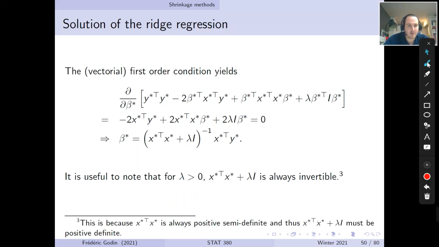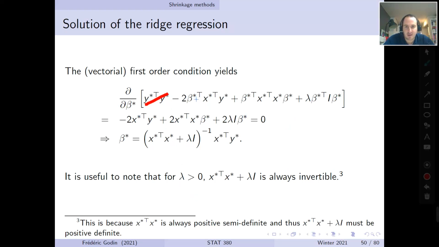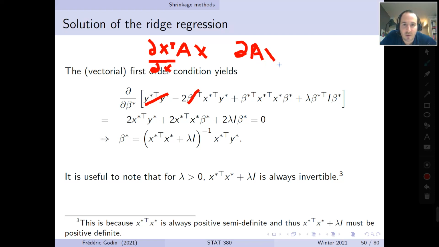So here we said this term vanishes, the beta here vanishes. And then we had something of the form derivative with respect to x of x transpose A x, which was simply twice A x when A was symmetrical.